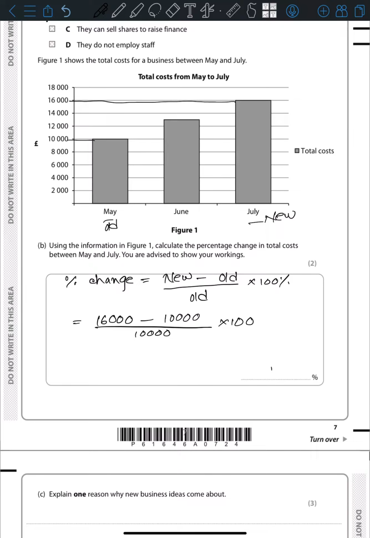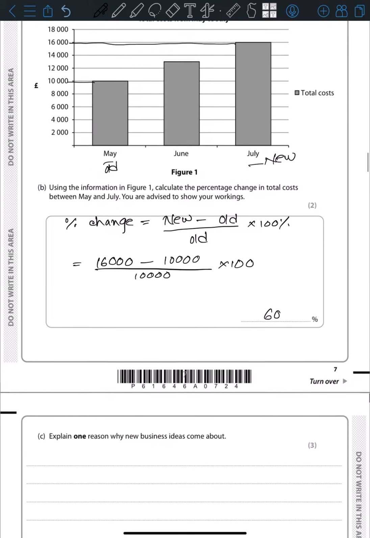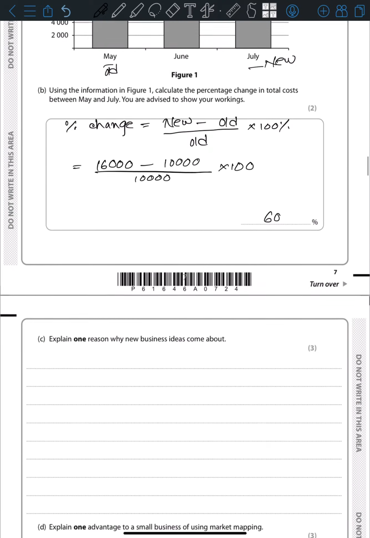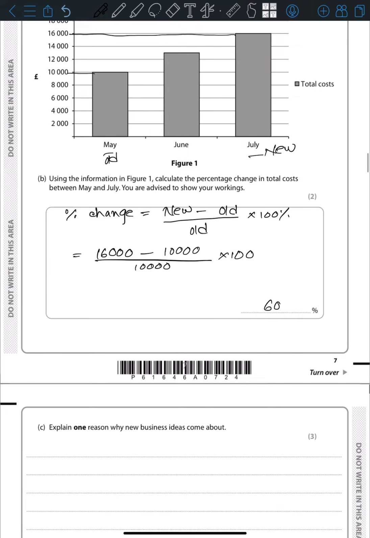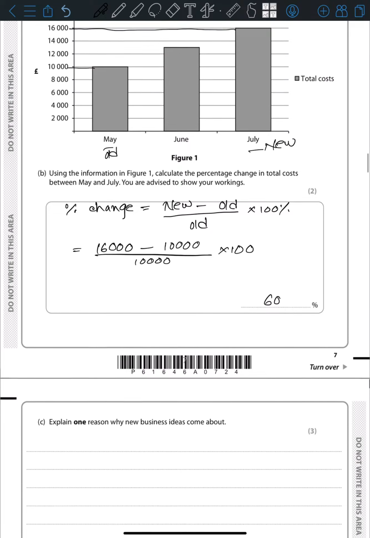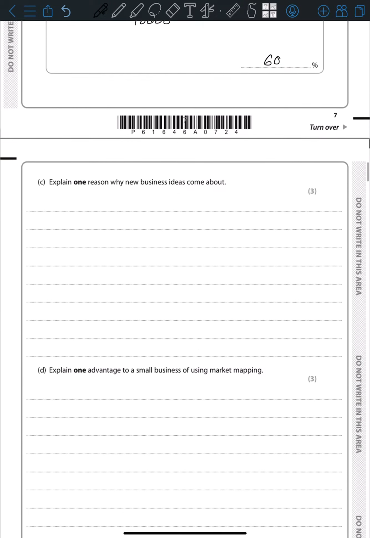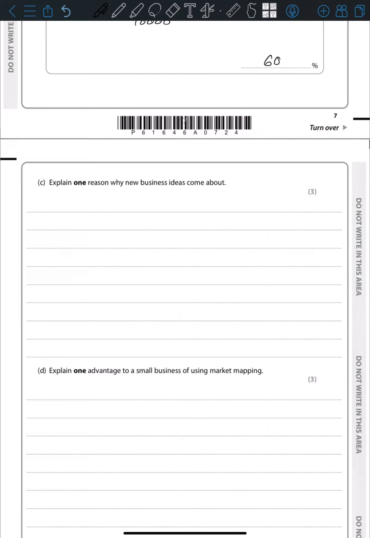Yep, 60. Pardon me, my mathematics calculations are bad. I need to use a calculator every now and then. So yep, new minus old divided by old, we identify the new, identify the old, make the calculation, and this is 60%. Straightforward. Okay, part C.